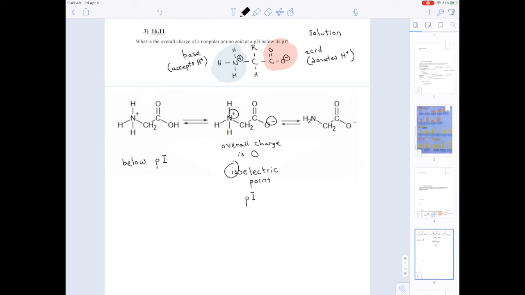The solution will stick H pluses anywhere they can go. And so where can it stick on this molecule? It can stick an H plus on that negative oxygen, and that's why you have the H there. So below the pI, you stick a bunch of H pluses on, and the overall charge on the molecule is positive.